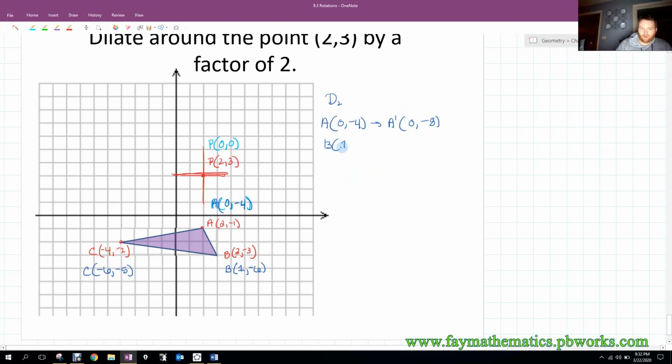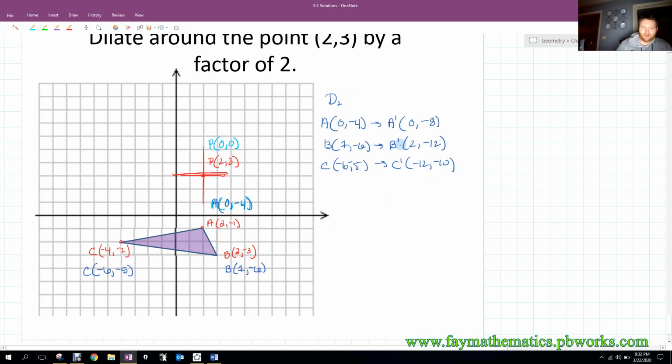B, which was at 1, negative 6, when I double that, is going to be 2, negative 12. And then C, which is negative 6, 5, sorry, negative 6, negative 5. When I double that, it's going to give me negative 12, negative 10.